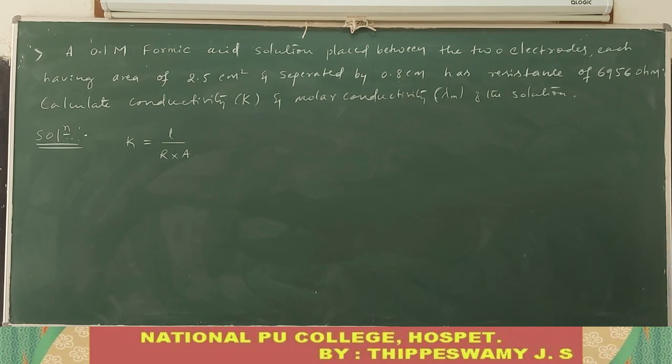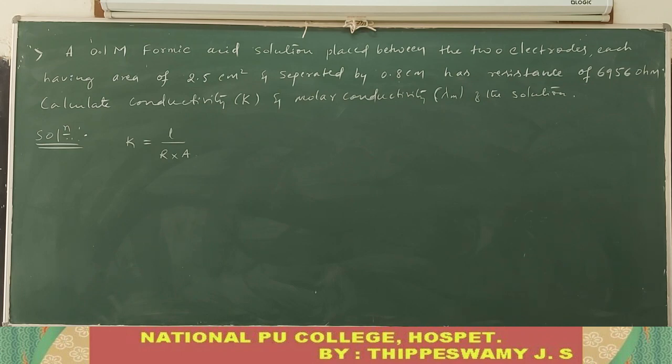L is the distance between the two electrodes, R is the resistance of the solution given, and A is the area of cross section of the electrodes.